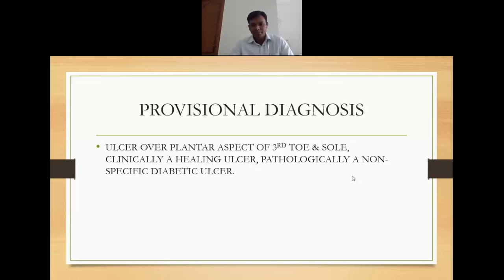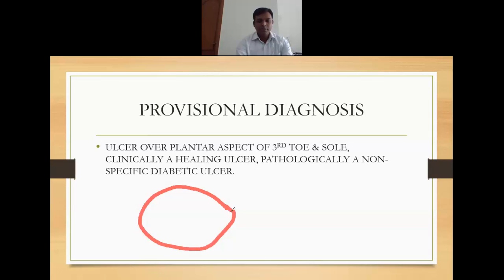Anybody else? Suppose there is an ulcer, and he is right in telling that it is, suppose this is an ulcer, the direction of growth of the epithelium is from the edge, here to here, is it not?